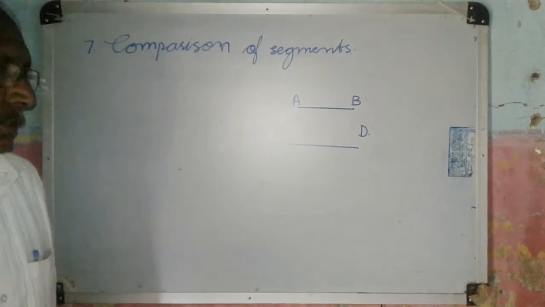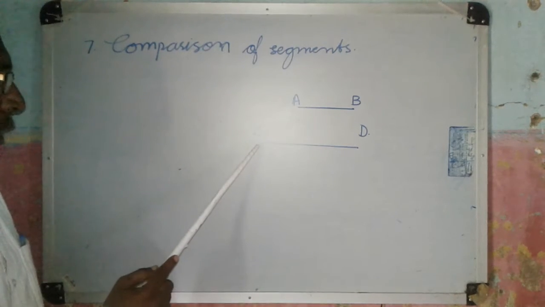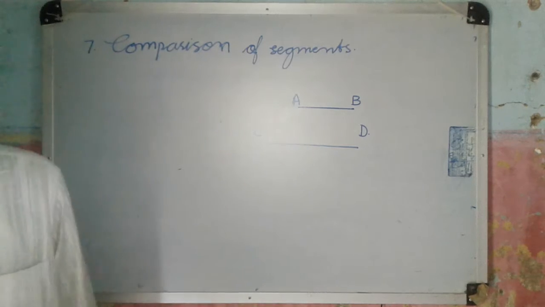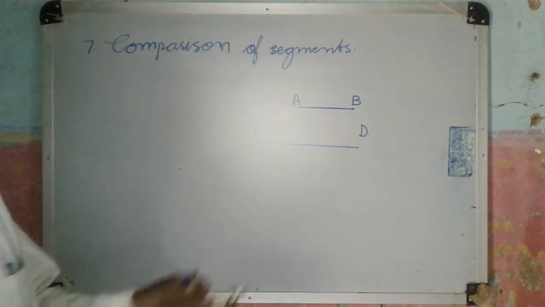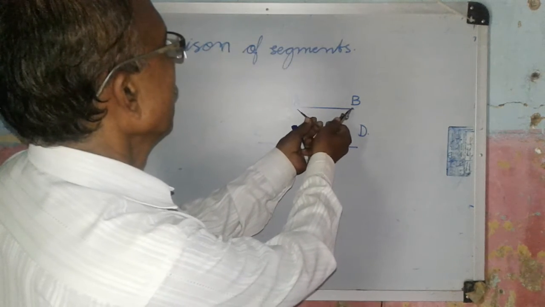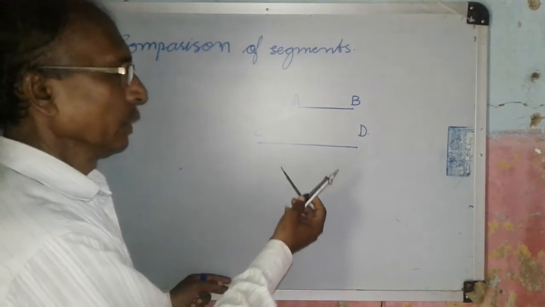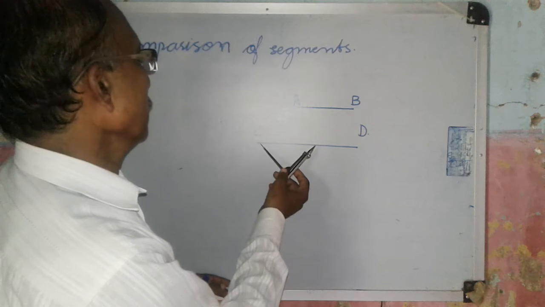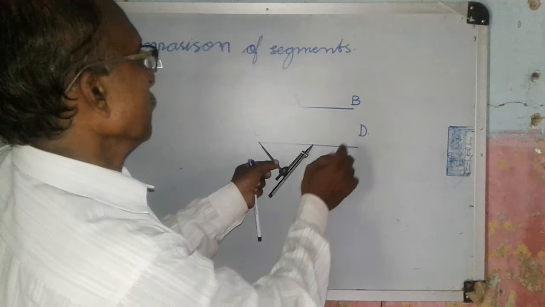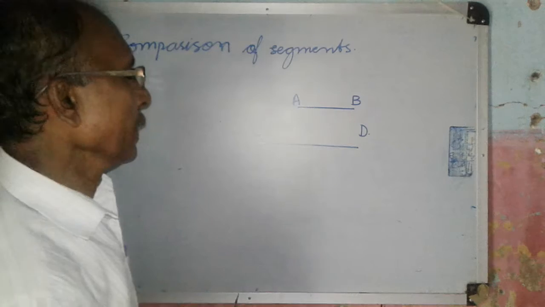The comparison of segments. Now see here in the figure, two segments are here, segment AB and segment CD. Now we will compare the lengths of these two segments. This is the length of segment AB. Now if we compare this length to segment CD, the length of segment CD is more than the length of segment AB.